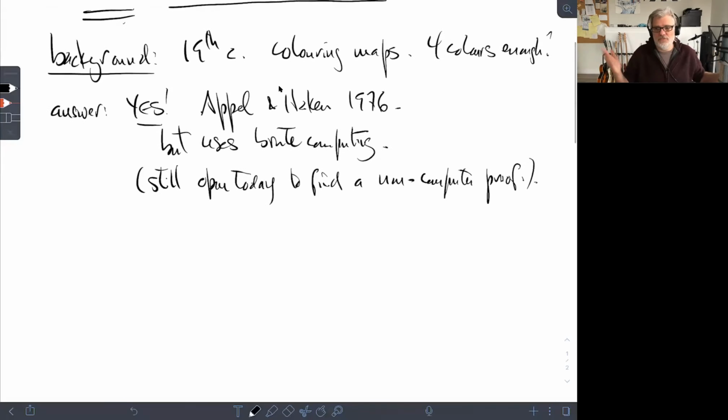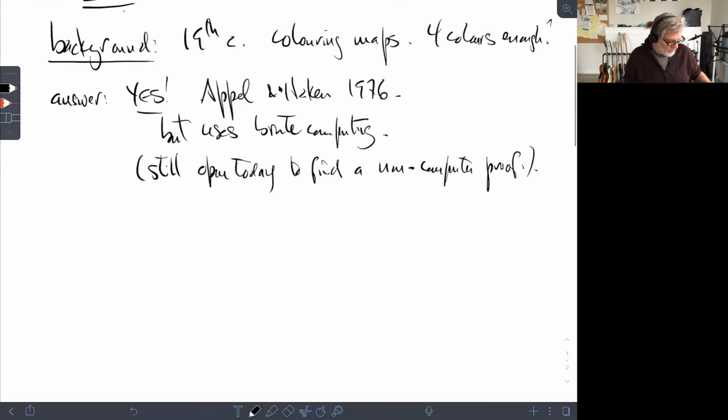So it's not just brute strength computing, obviously. But what I'm going to show you is the five color theorem. So this says that four colors are sufficient, and I'm going to show something a bit weaker, that five colors are sufficient. This was first proved in 1879. Okay, so five colors suffice.